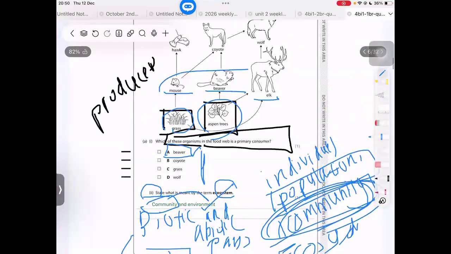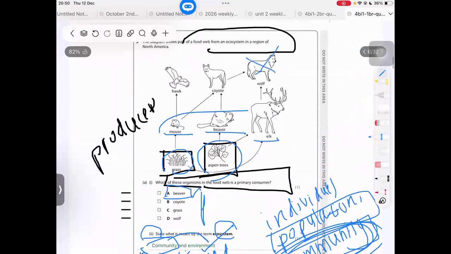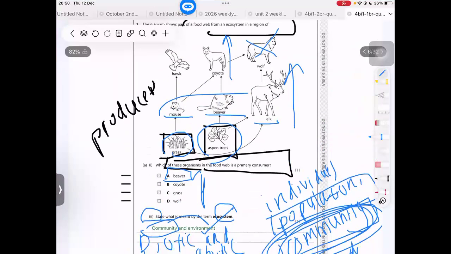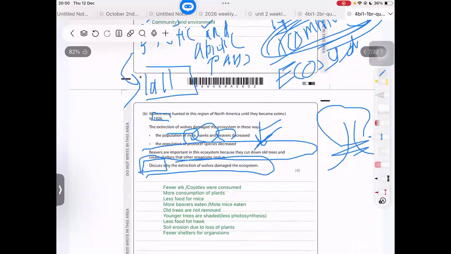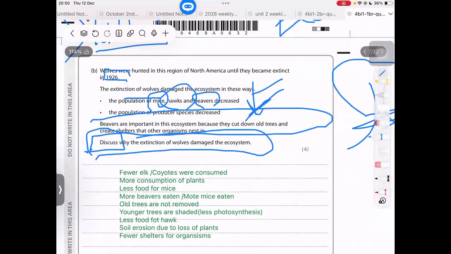By looking at the diagram, you're saying because wolves have become extinct, elks and coyotes have increased, because they don't have any predators now. Or else you can write that fewer elk and fewer coyotes were consumed, because now no wolves are there. For that you can get 1 point.